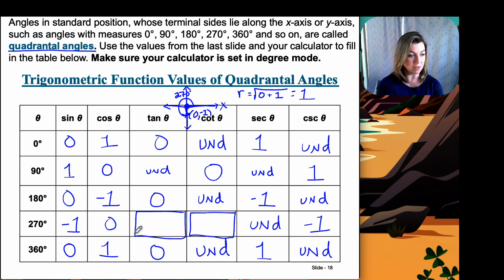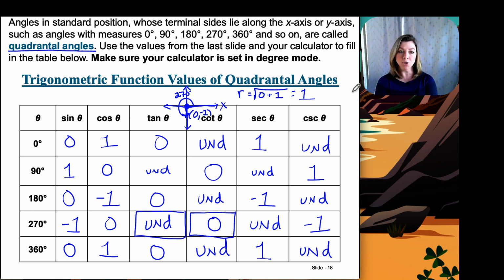Tangent of 270 is the y-coordinate, which is right here, -1, divided by the x-coordinate, which is right here, 0. -1 divided by 0 is undefined. And cotangent is the x-coordinate, which is 0, divided by the y-coordinate, which is -1. 0 divided by -1 is 0.